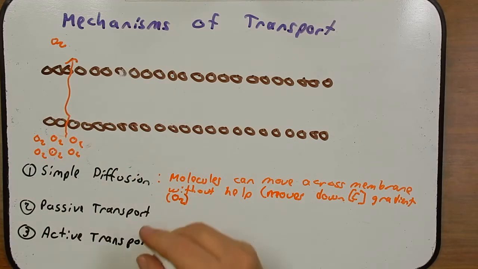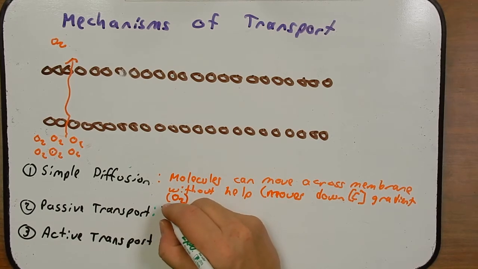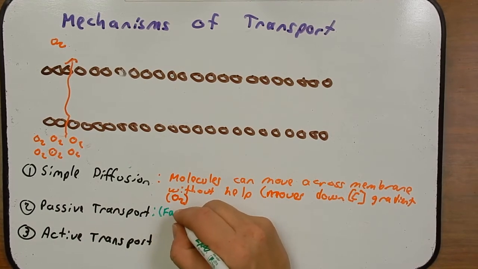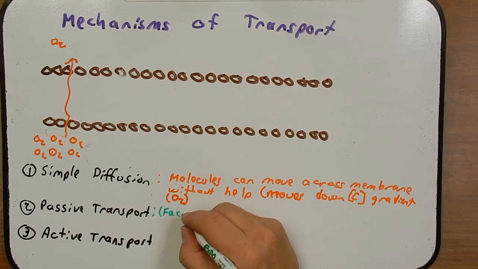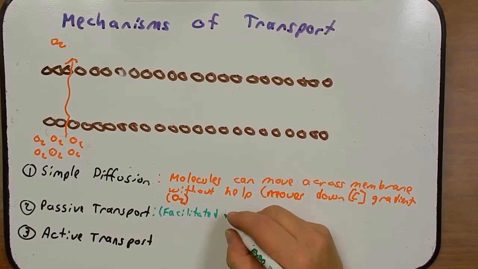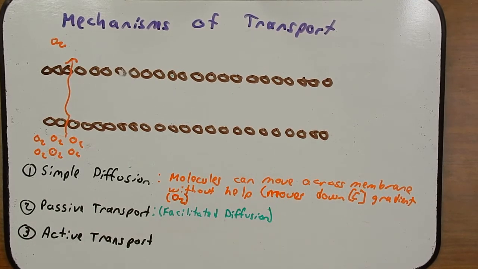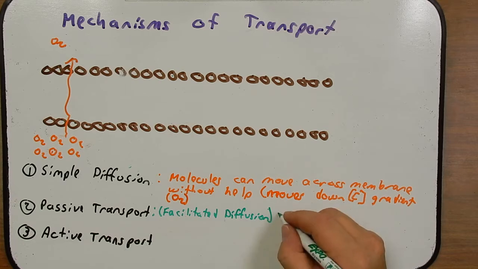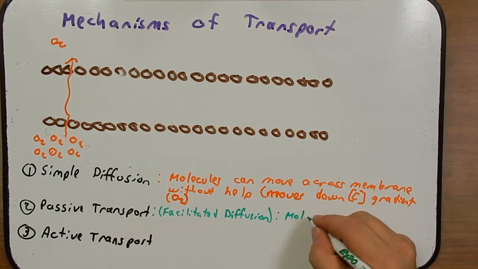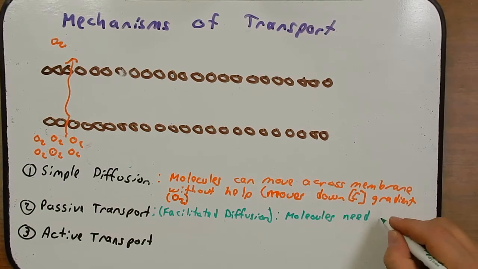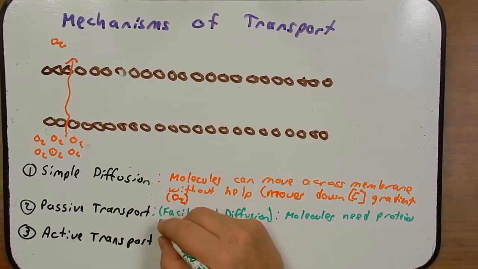Okay, passive transport. At one time you may have learned this as facilitated diffusion. If you were to call it facilitated diffusion, I wouldn't take off for that because it is an acceptable way to call it. But this is a situation where molecules need proteins for transportation.